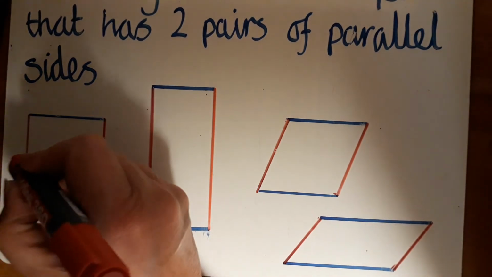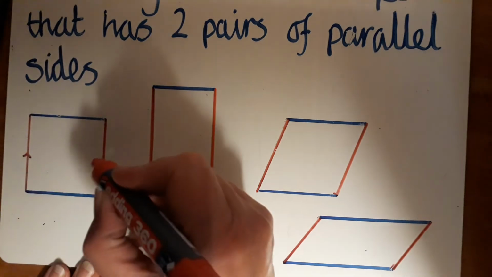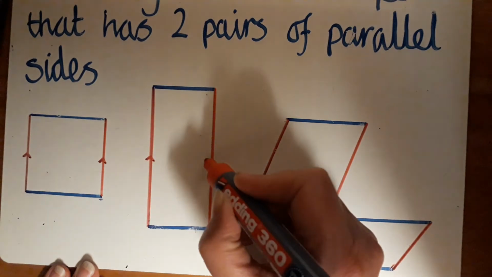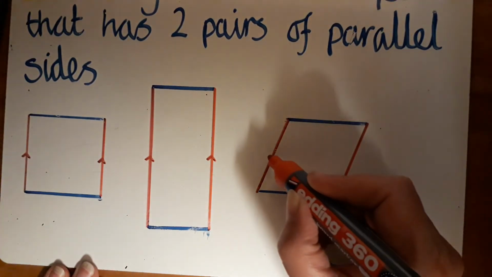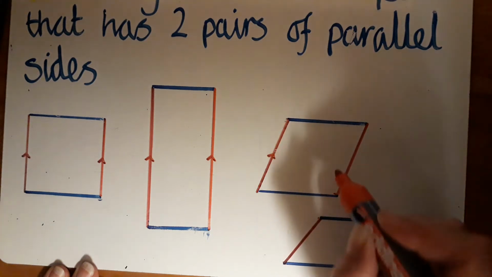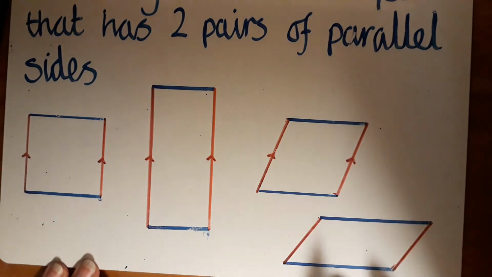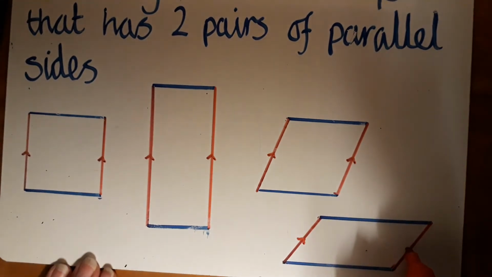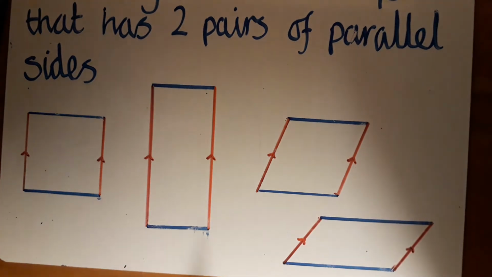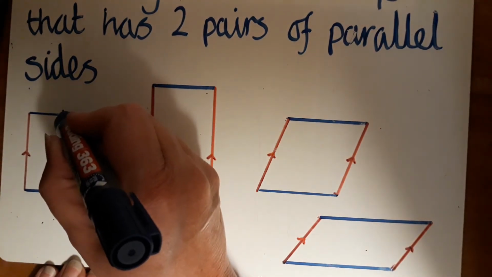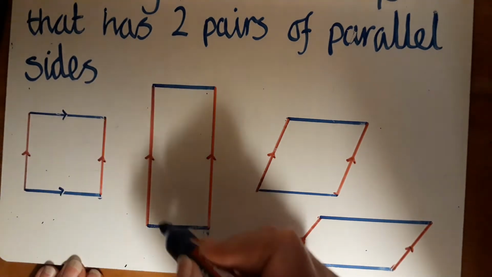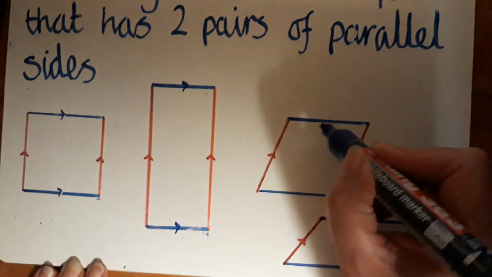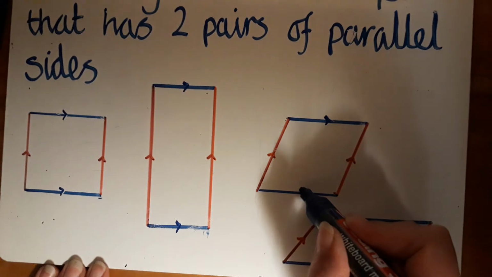Parallel lines are often marked on shapes by these small arrows, and I've drawn the edges of the shapes in different colours to try and show you that the edges are parallel. Okay, so I'll just whip through and show that the edges are parallel to one another.